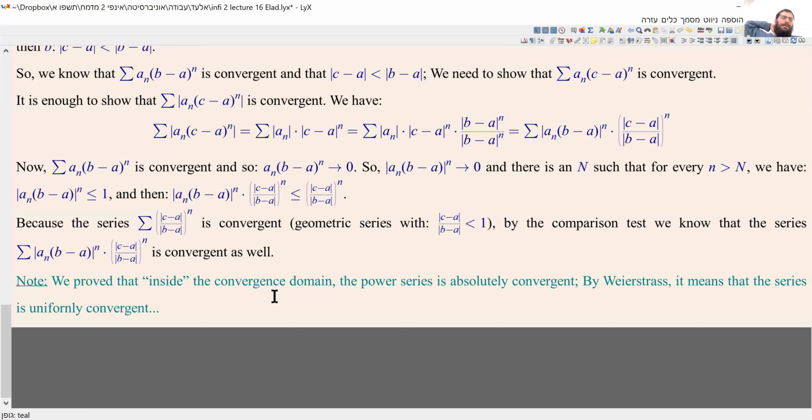And technically, it is what allows us to differentiate the series element by element or integrate the series element by element, as we've shown in examples last week. But it belongs to lecture number 17. I just wanted to point it out because of the main corollary from this proposition.